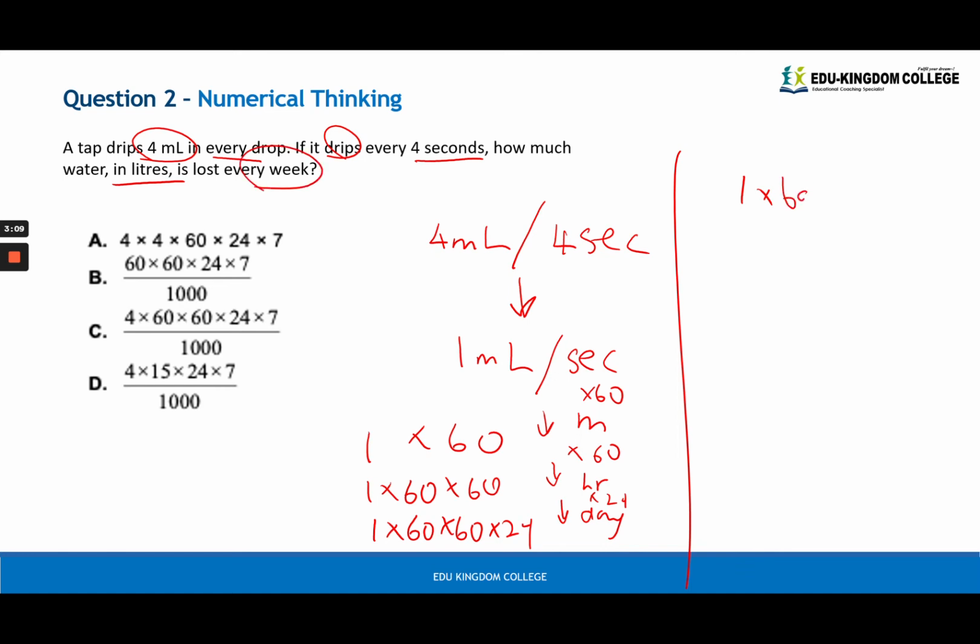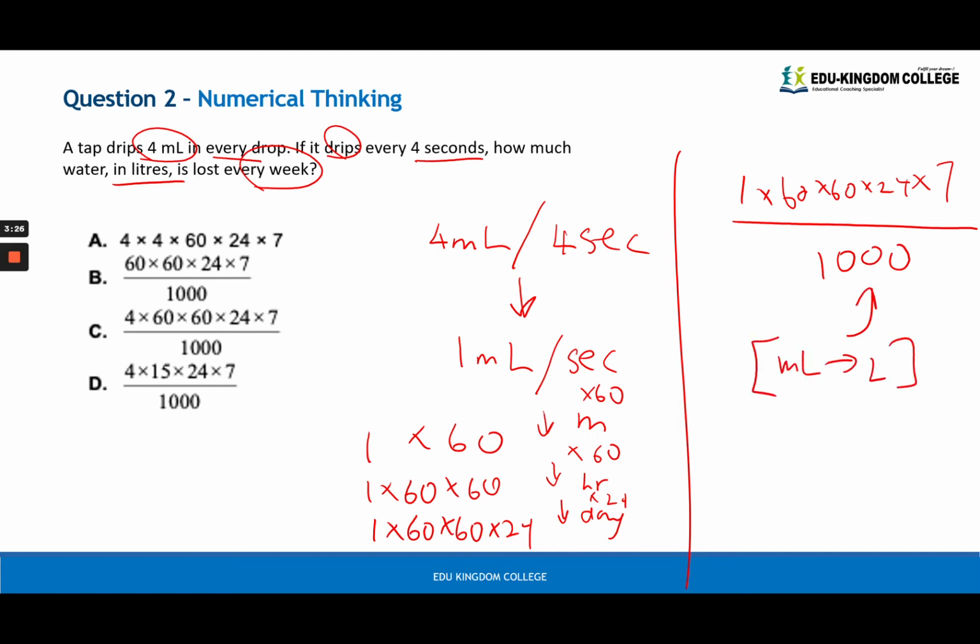So 1 times 60 times 60 times 24 times 7. Now the only thing wrong with that is we need to divide it by 1,000. Why? We need to change it from milliliters to liters. So that actually looks the same as option B. The 1 is just not written there, but it's the same thing.